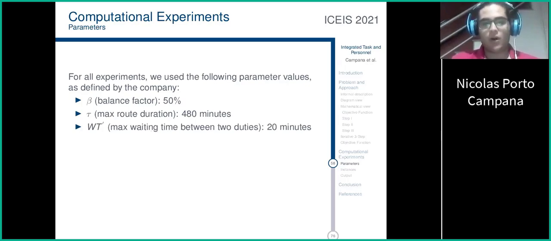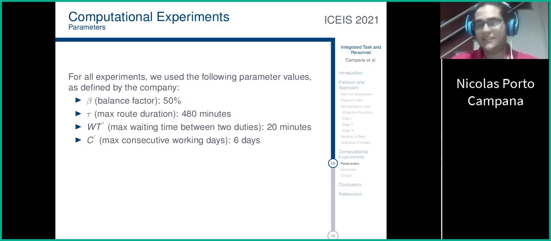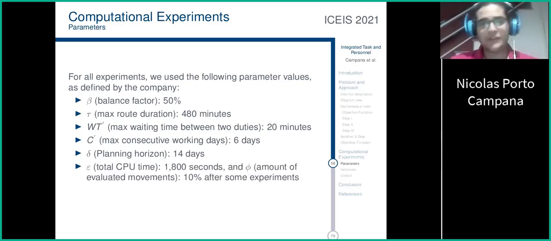We also used a maximum waiting time between two cleaning routes of 20 minutes. The maximum consecutive working days is 6 days, which is also Italian law, so after 6 days of work the employee needs a rest day. We also use a planning horizon of 14 days.